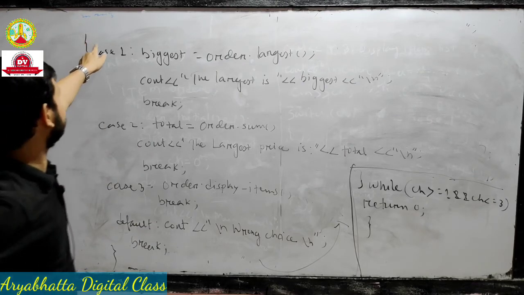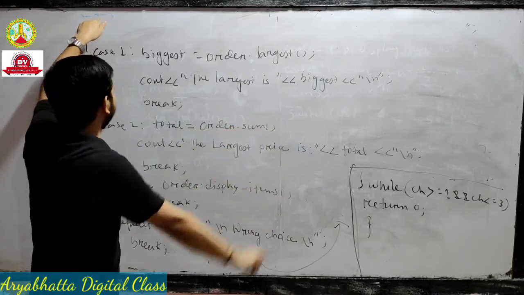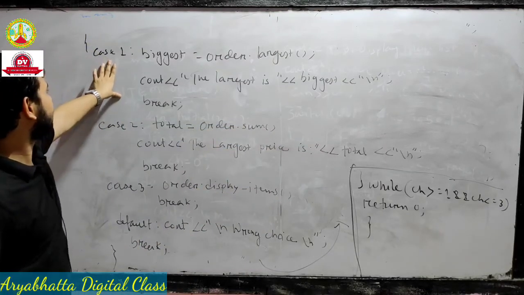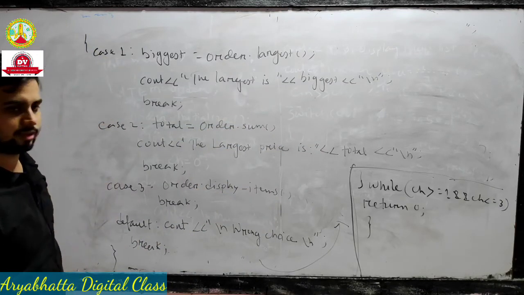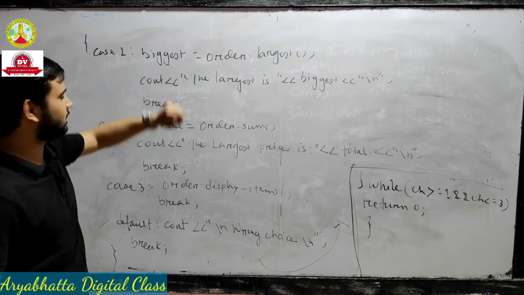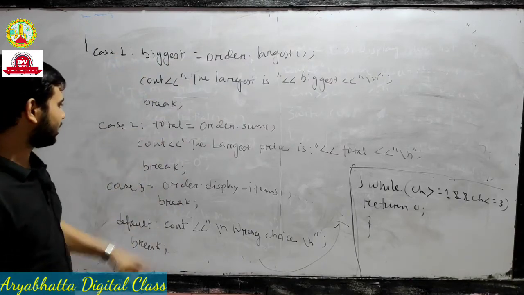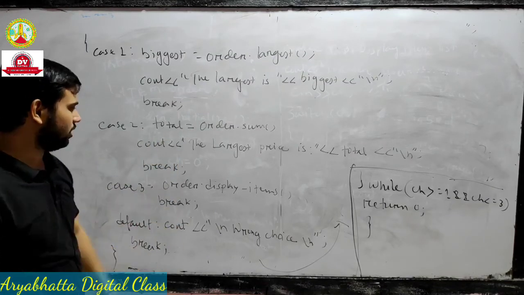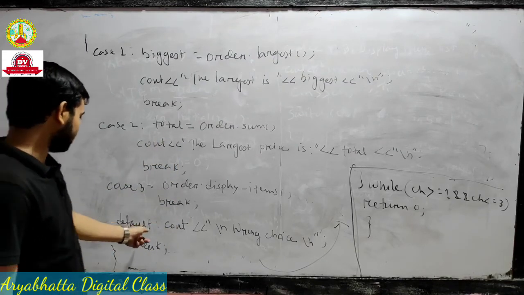I don't write the switch case because earlier we wrote a switch case, under which are case 1, case 2, case 3. We take cases 1, 2, 3. 1 is for biggest, 2 is for total, meaning the sum of the prices, and 3 is for display item. Okay, and the last one is default.